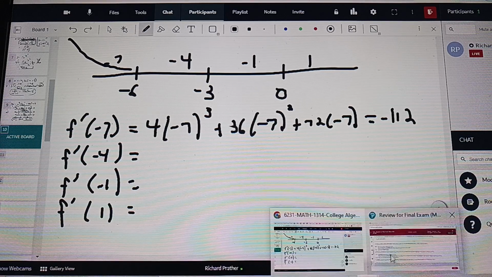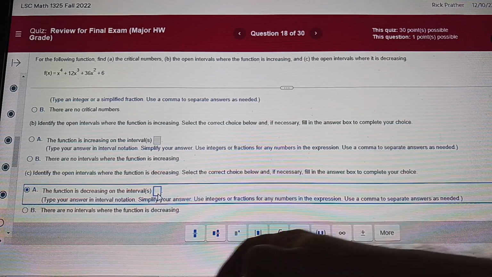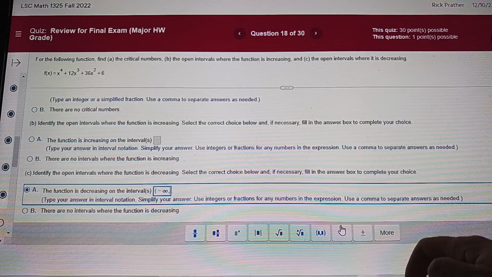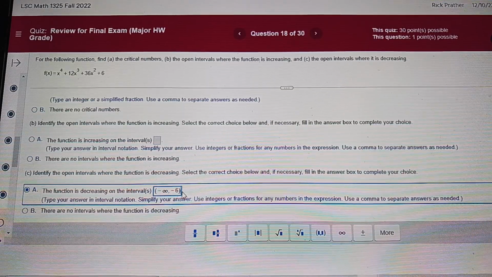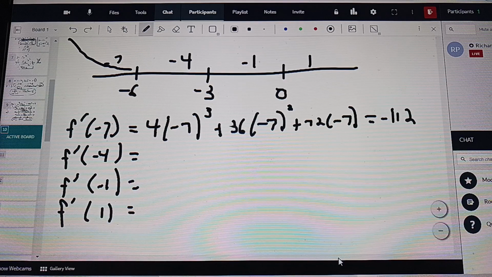And we can put that answer into part C. There's at least that interval of decreasing from -infinity until -6. And you always put parentheses here because you can't be increasing or decreasing at a single spot. You have to be moving across x values.